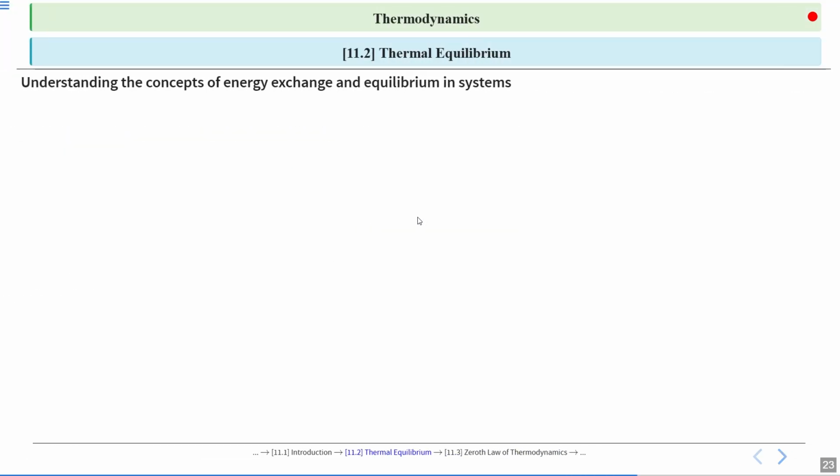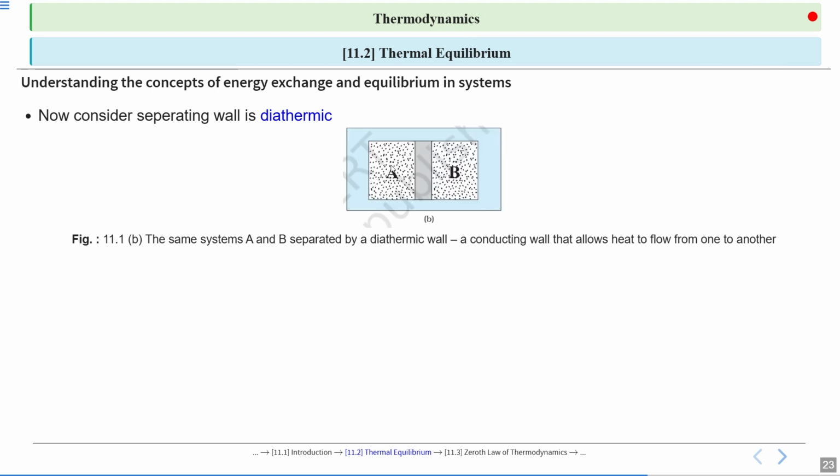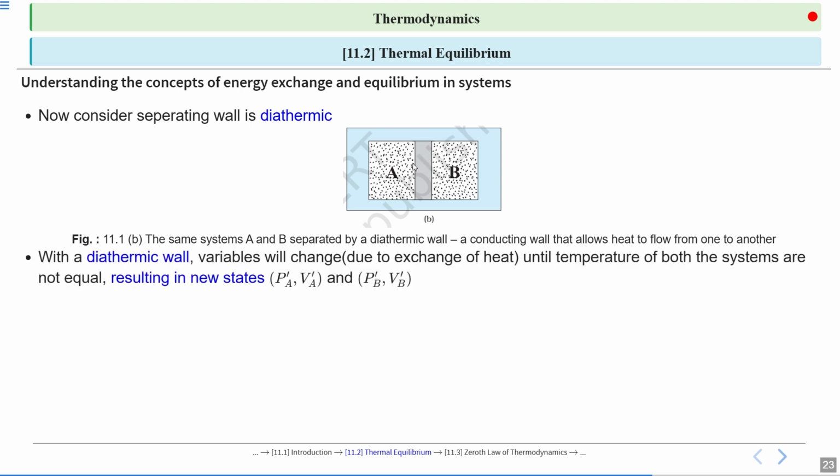Let's take an example. Now consider the separating wall is diathermic. So the wall between system A and system B is diathermic. With the diathermic wall, variables will change due to the exchange of heat until the temperatures of both systems are equal, resulting in new states: pressure Pa prime, volume Va prime, and pressure Pb prime and volume Vb prime.